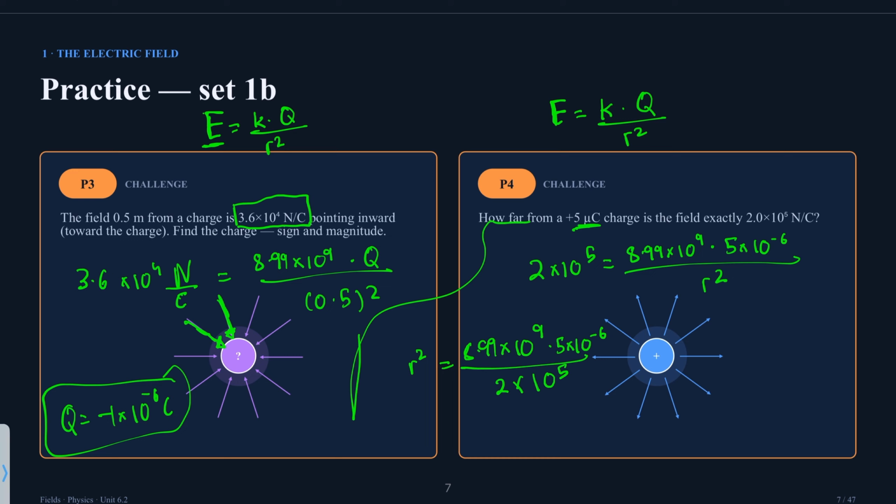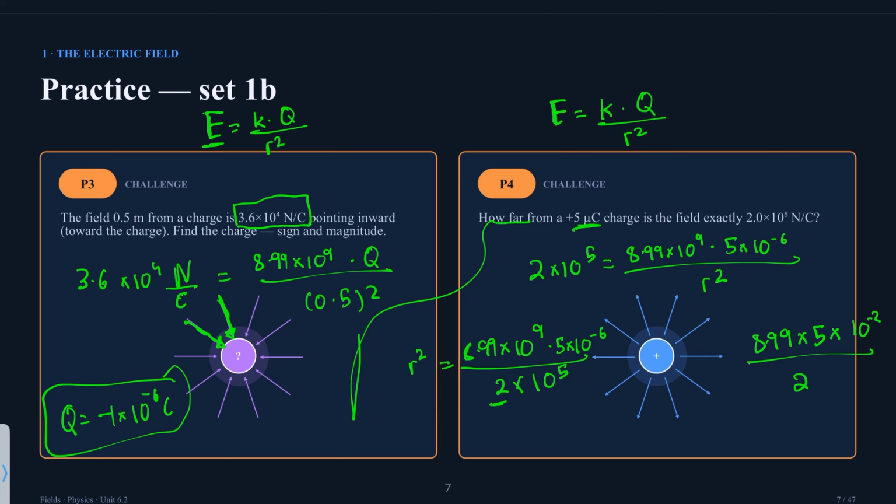Okay, so this is 8.99 times 5 times 10 to the negative 2 over 2, right? So this would be 3. So then 3 minus 5 would give you the negative 2.